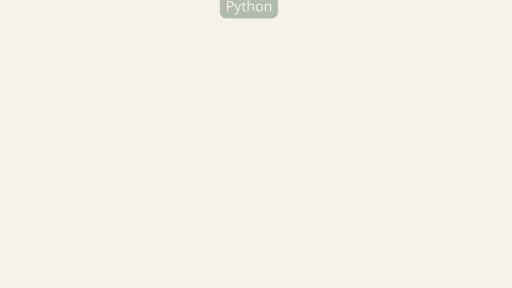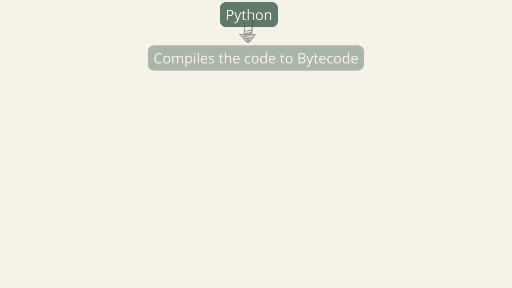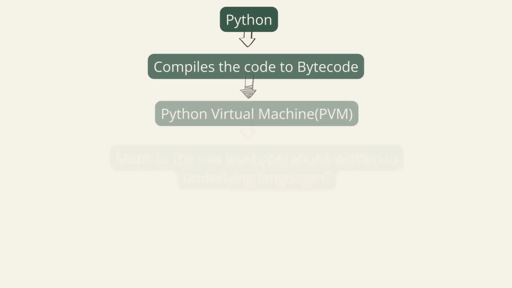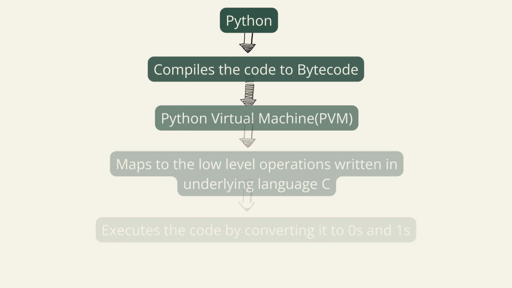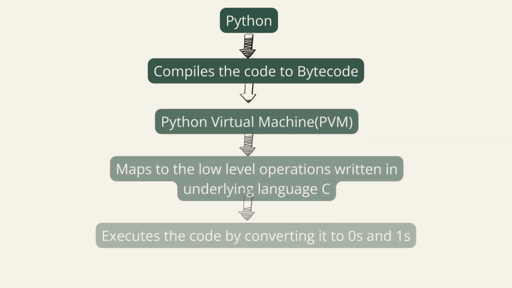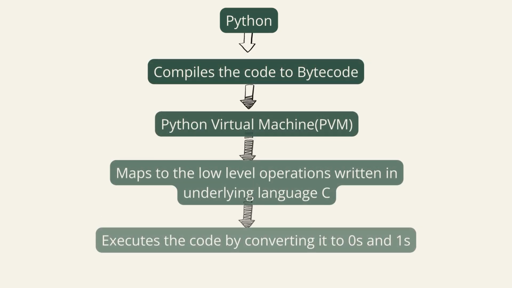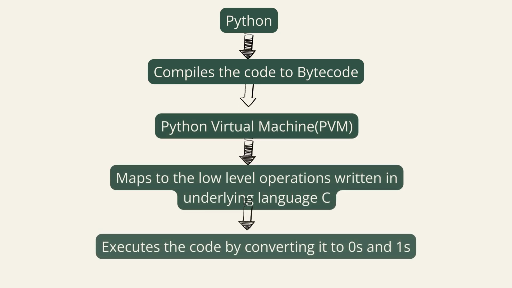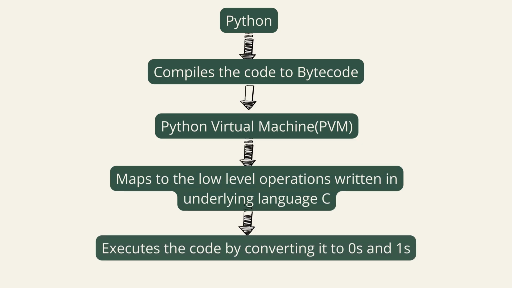Python first compiles everything into bytecode and then passes it to the PVM, the Python virtual machine, which acts as an interpreter and interprets each bytecode instruction and matches it with the low-level operations written in the C language.